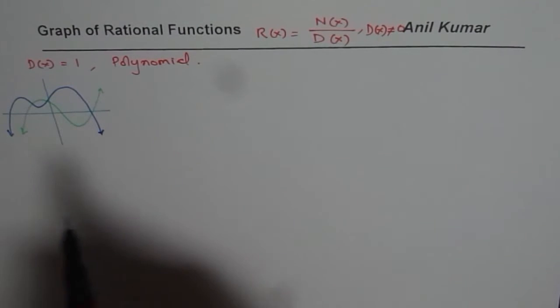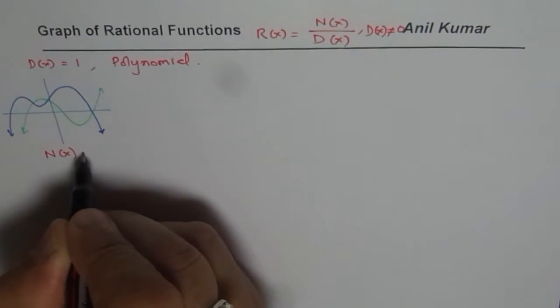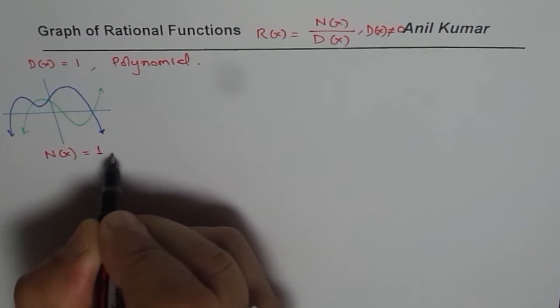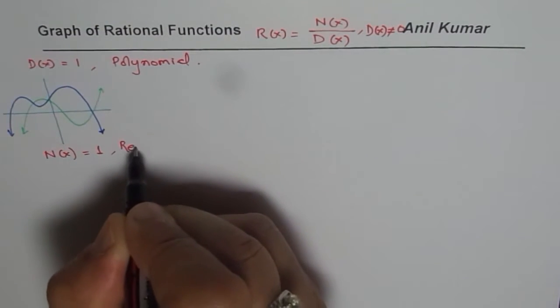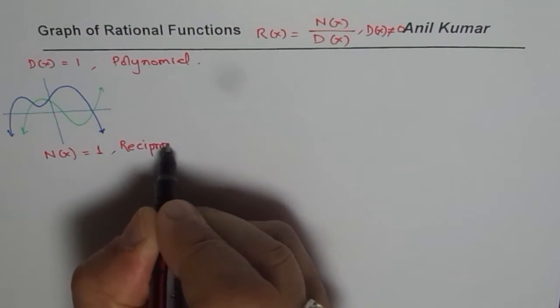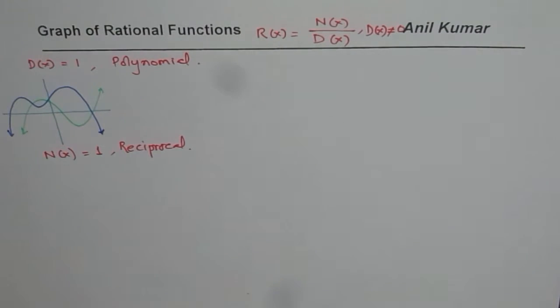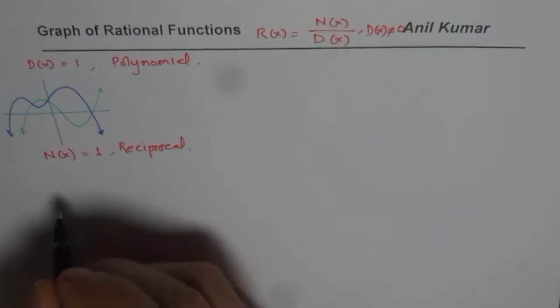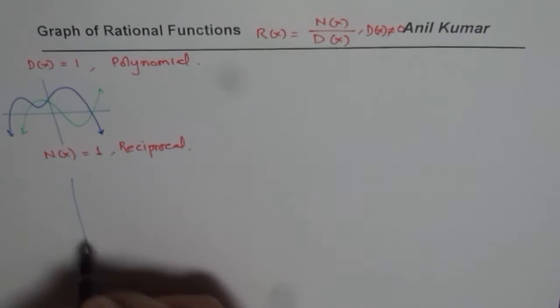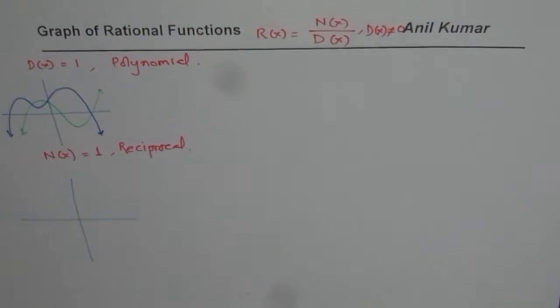And then we also talk about the numerator being 1, right? That is also interesting. If the numerator is 1, we normally refer to them as reciprocal functions, correct? What you will notice normally is that their graph is the 1 over x kind.